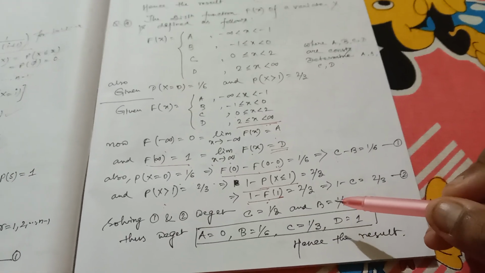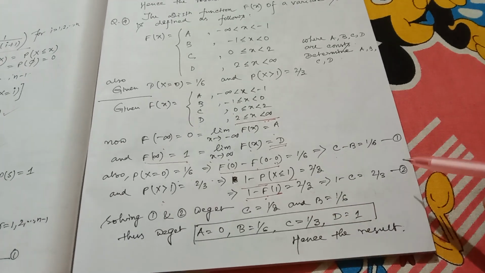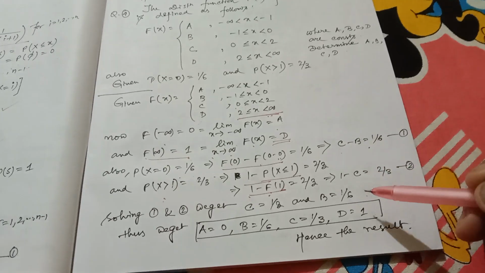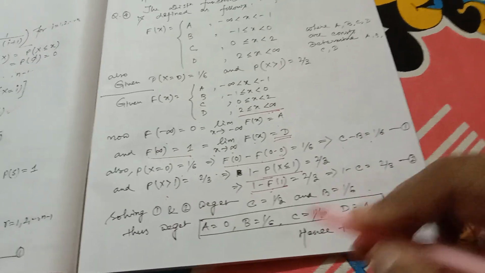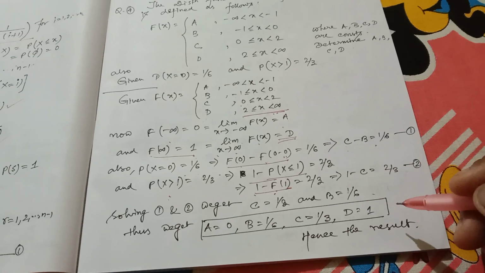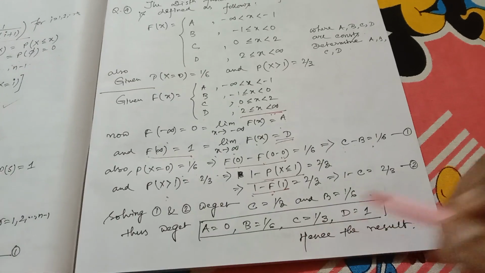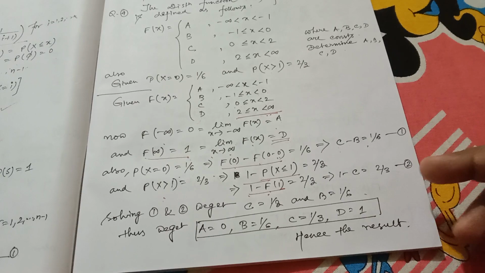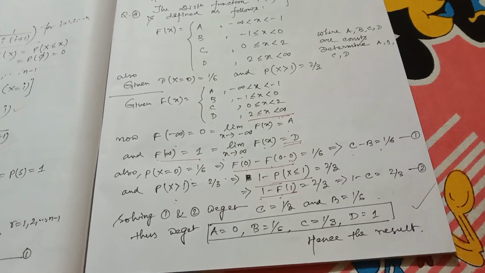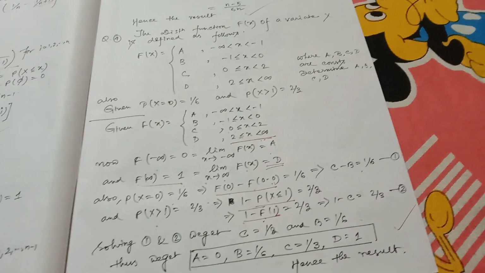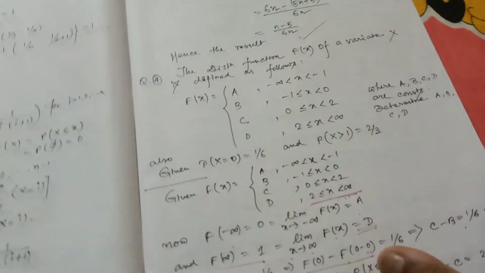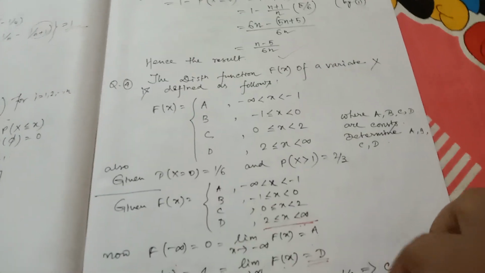From here you can easily get the value of C, that is 1/3, and accordingly putting this value in equation 1, you will get the value of B. So A, B, C, D, all these possible results are 0, 1/6, 1/3 and D equals 1 respectively. And this is the required criteria as per this question. So you have obtained all possible values of A, B, C, D. So let us consider the next problem.